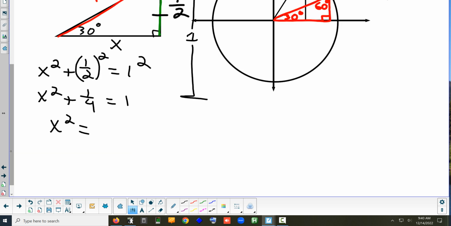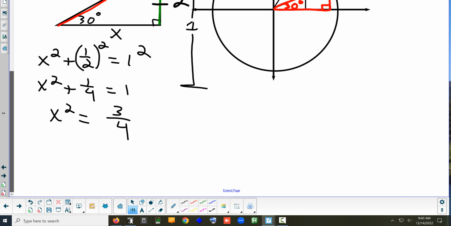If I move the quarter to the other side, what's 1 minus a quarter? Yep. 3/4. And I have to get rid of this exponent of 2 by square root. And this time the square root is good because I'm going to take the square root of the top and bottom. Square root of the top doesn't come out nice, but I don't really care about that. What's the square root of the bottom? Yep, 2.